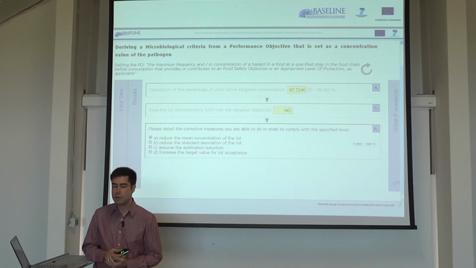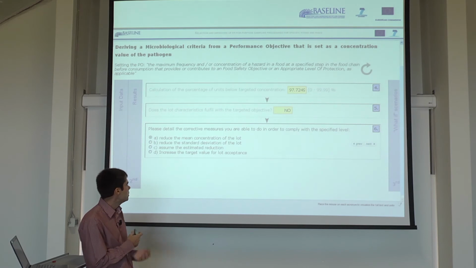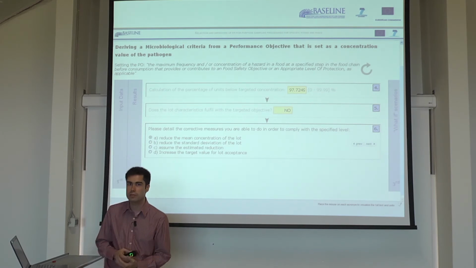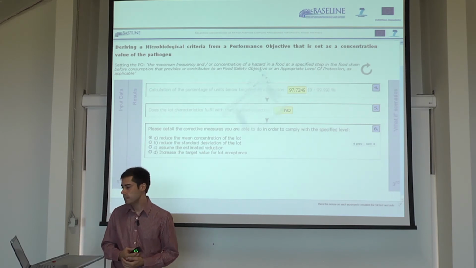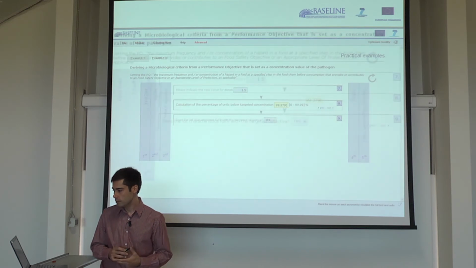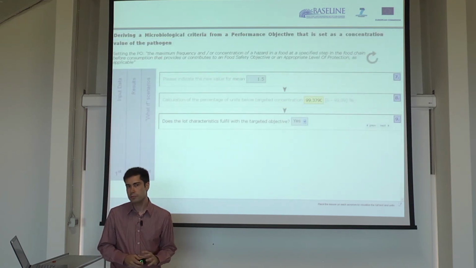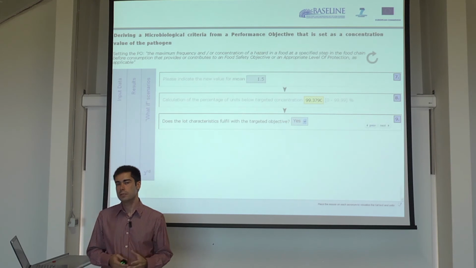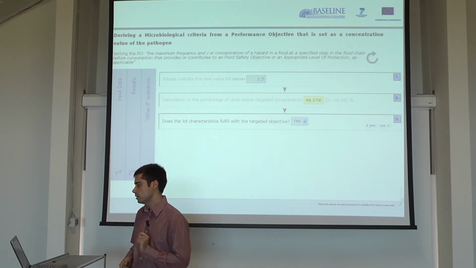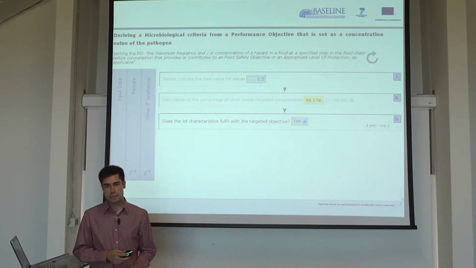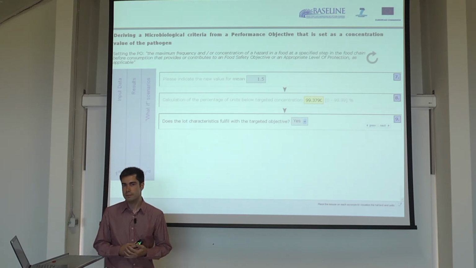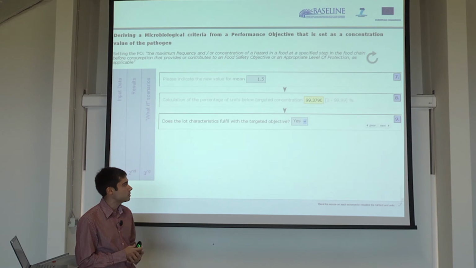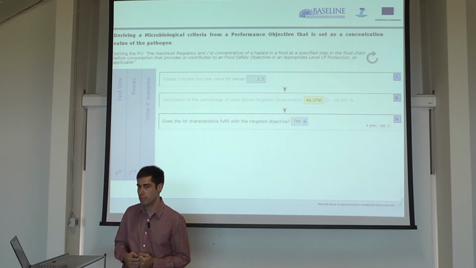In this case, the most common corrective action consists on reducing the mean contamination of the lot. Let's see what happens if we reduce the contamination from 2 logs to 1.5 log. In this case, this distribution complies with this performance objective, as more than 99% of units will not be contaminated.